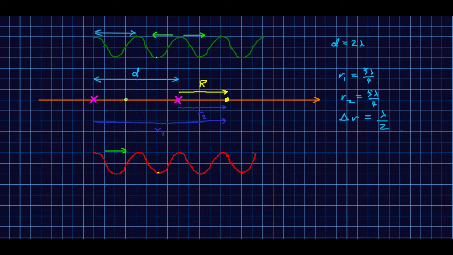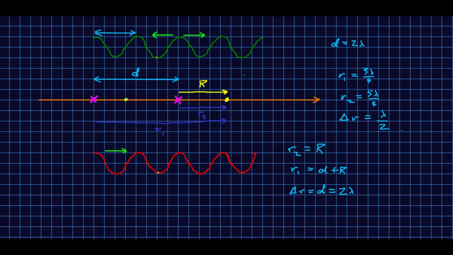And note that this is D. R1 is just D plus big R. And so we just have that R2 is big R, R1 is D plus big R, and so delta R is just D. But we already know that that's 2 lambda.